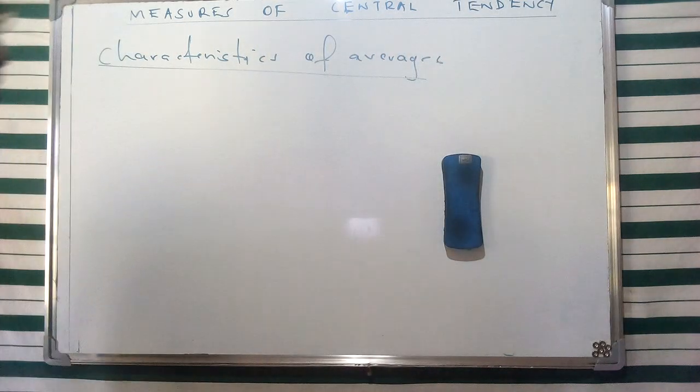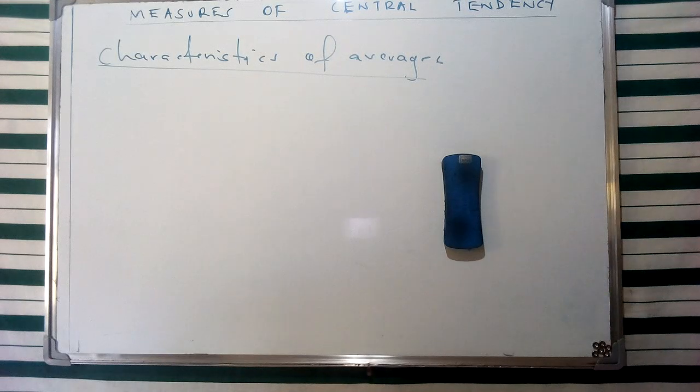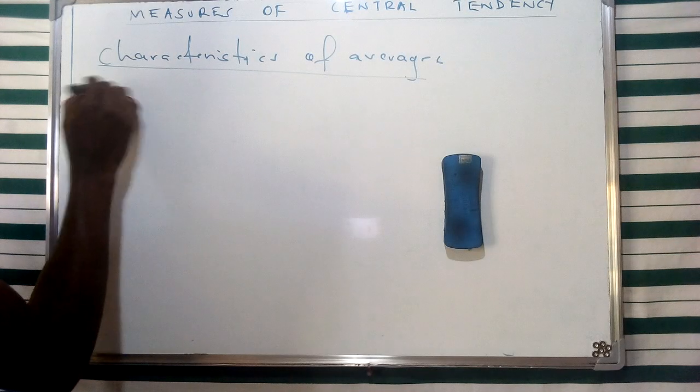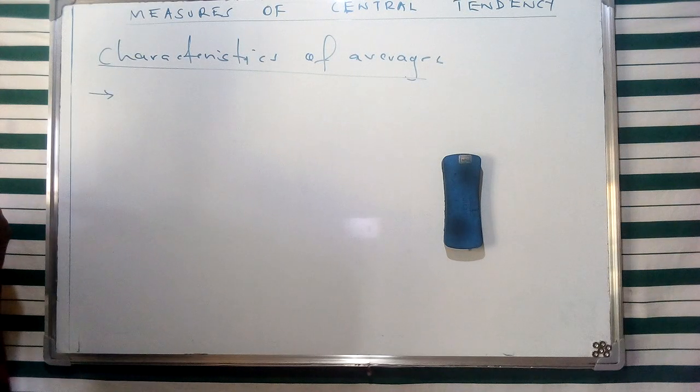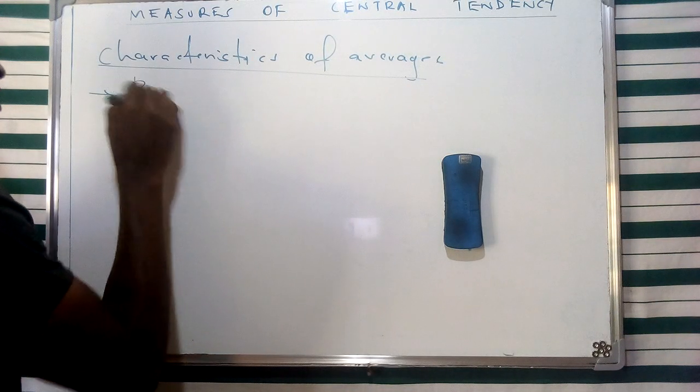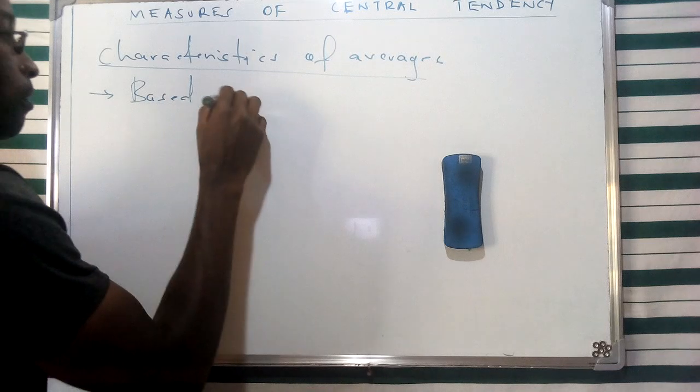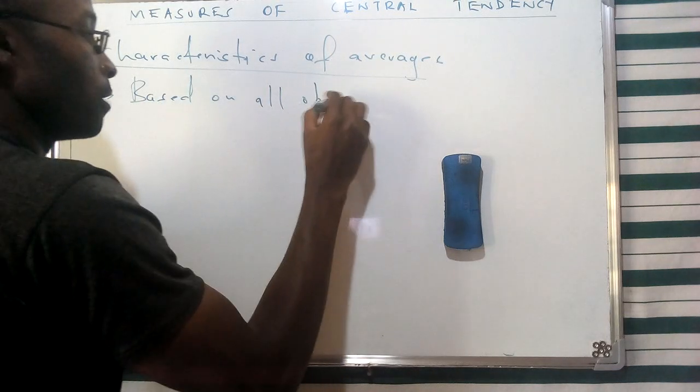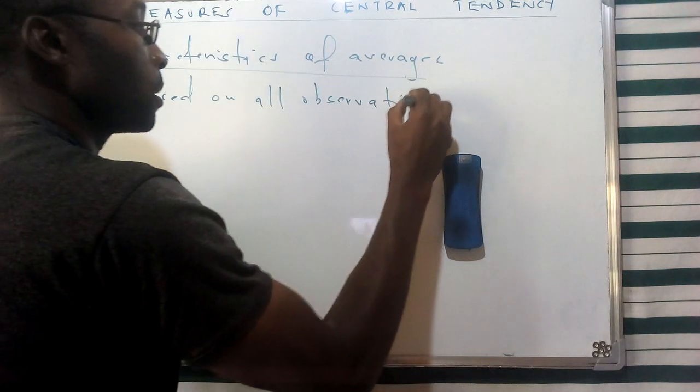And of course, we can just list them in this specific order. So one of the characteristics of these specific single values is that they should be based on all observations. Should be based on all observations under consideration.